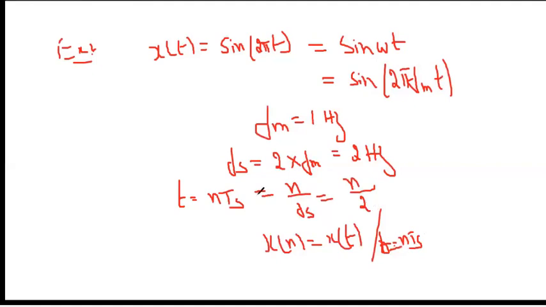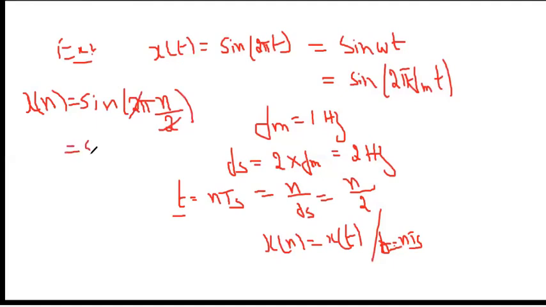Now we can change the x of t signal as x of n is equal to sine 2 pi, and t is equal to n by 2, my dear students, because n into Ts gives n by 2. The 2 gets cancelled, giving sine pi n.